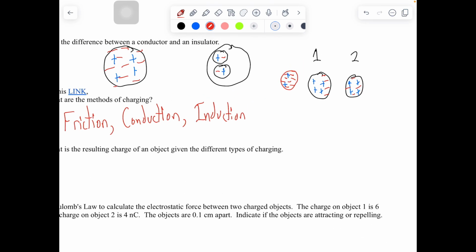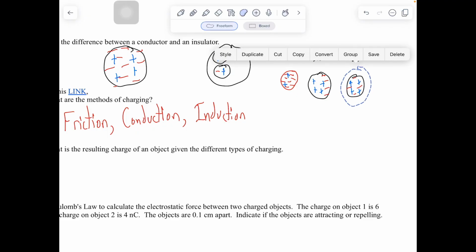Now, these negative charges are being repelled. If we bring sphere 2 in contact right here with sphere 1, now those negative charges can jump over.